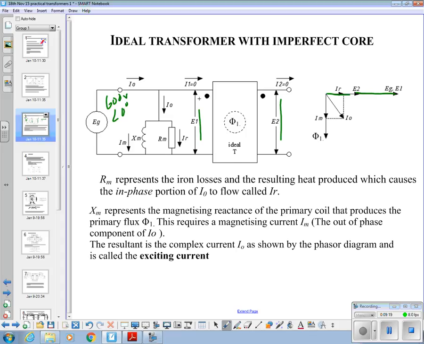Okay, now XM, that represents the magnetizing reactance of the primary coil, produces the primary flux θ1. This requires a magnetizing current IM. That's the out of phase component of I.O., that one down there.